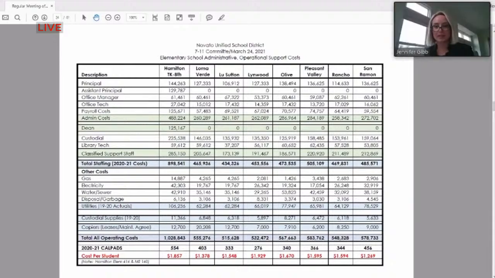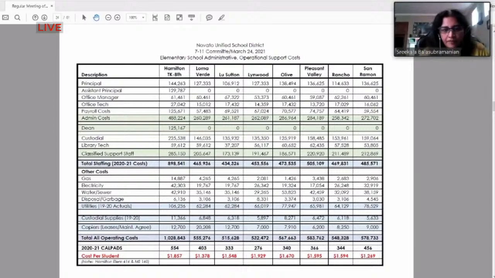Shrikala, you have a question? So one of the major infrastructure upgrades that we did was putting up the solar panels across all the schools, and I still see a very high electricity charge against every school.